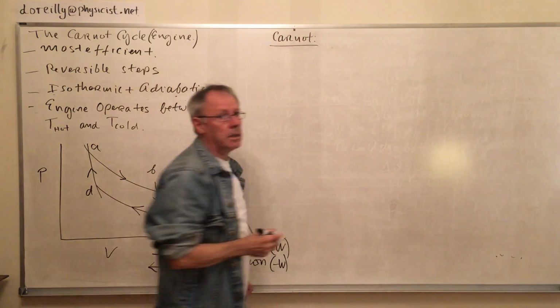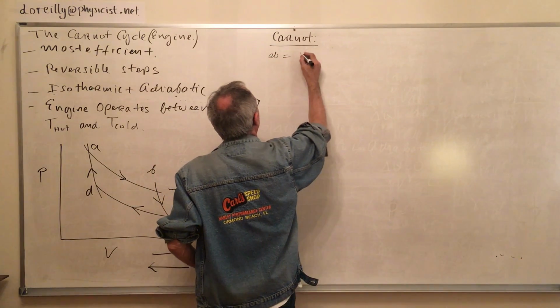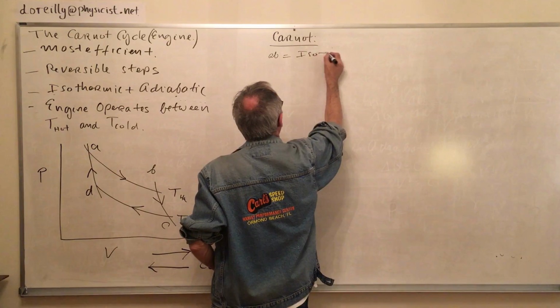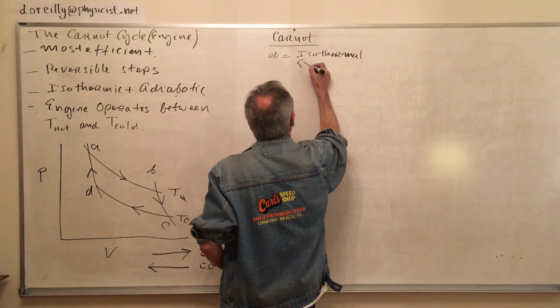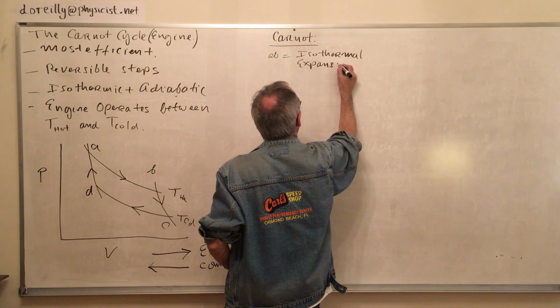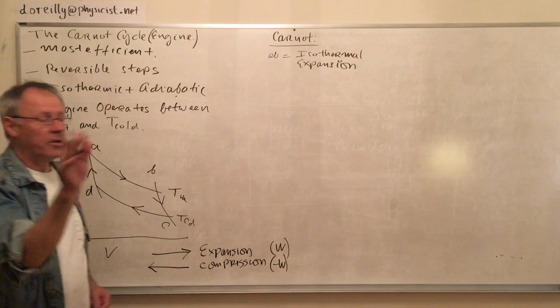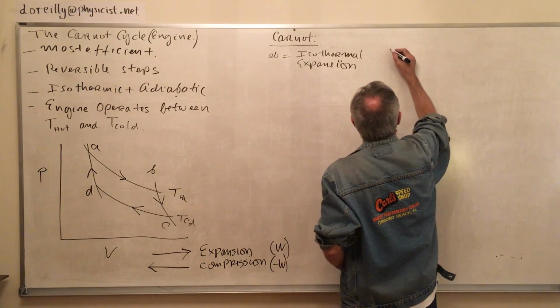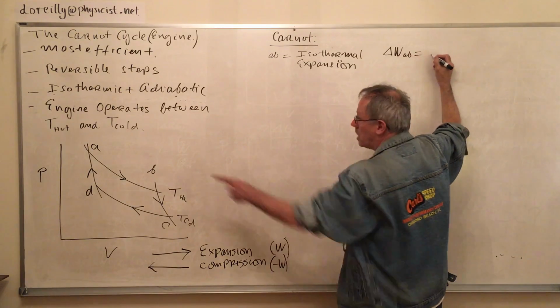For the Carnot cycle, first step, A to B. We have isothermal expansion, and you remember from my last lecture that the delta work, the work done, is also going to be the heat.